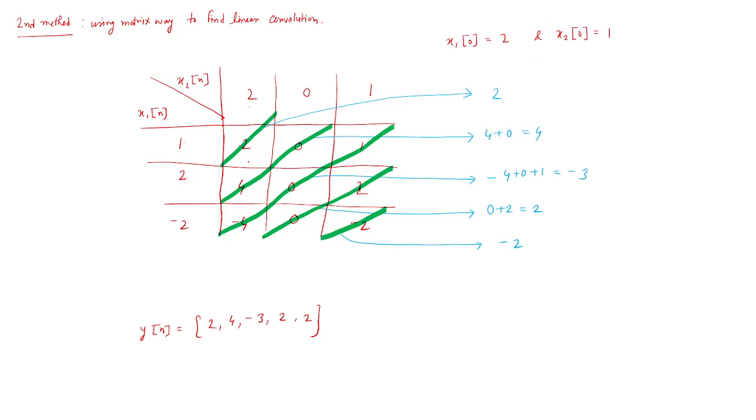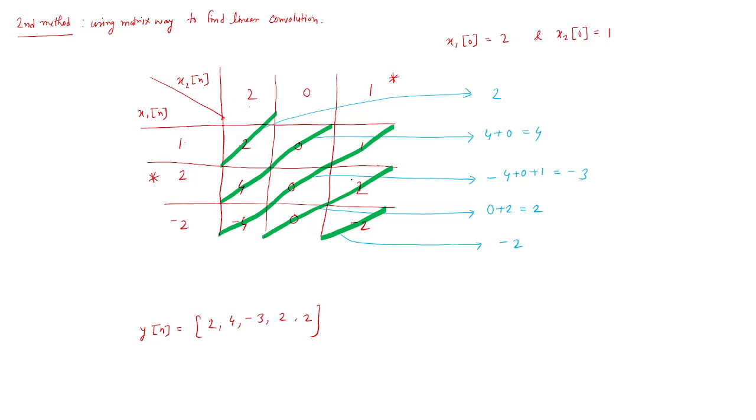So for x1[n], this is the zeroth index, the start one. For x2, this is the zeroth index. So we are going to find the position where the row corresponding to x1[0] and the column corresponding to x2[0] meet. So you can see these two meet at this position at 2 here.